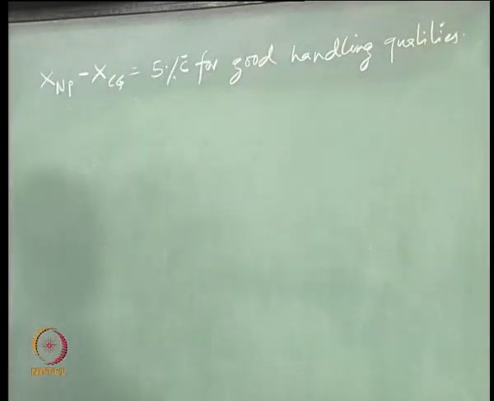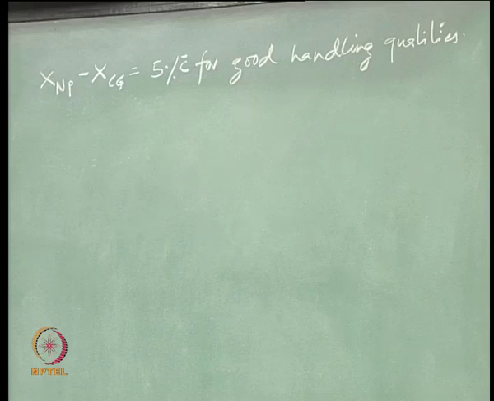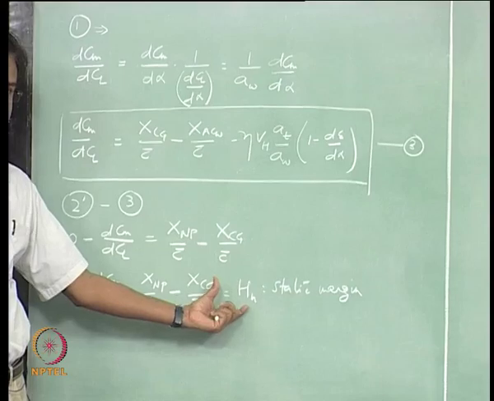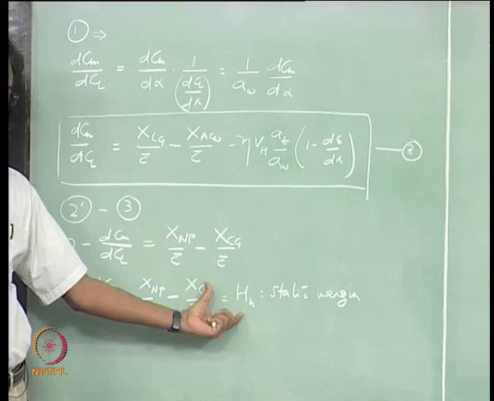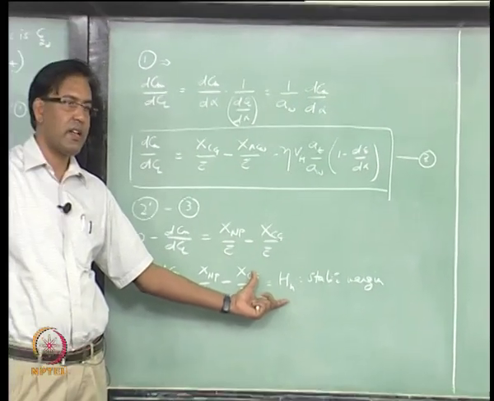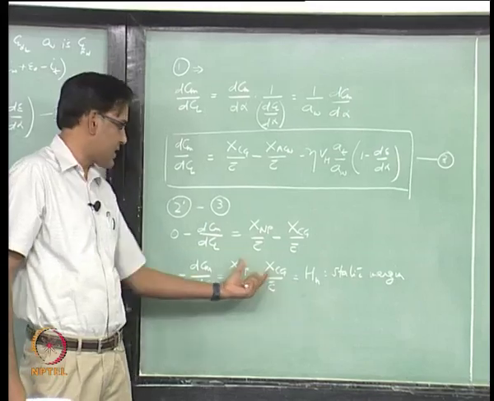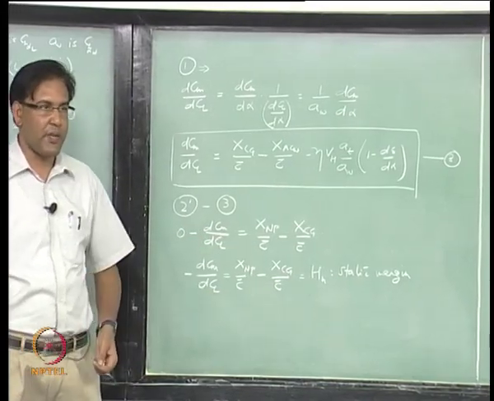All right. So, clearly this Hn has to be positive, right. That means xCg has to lie ahead of xNP.